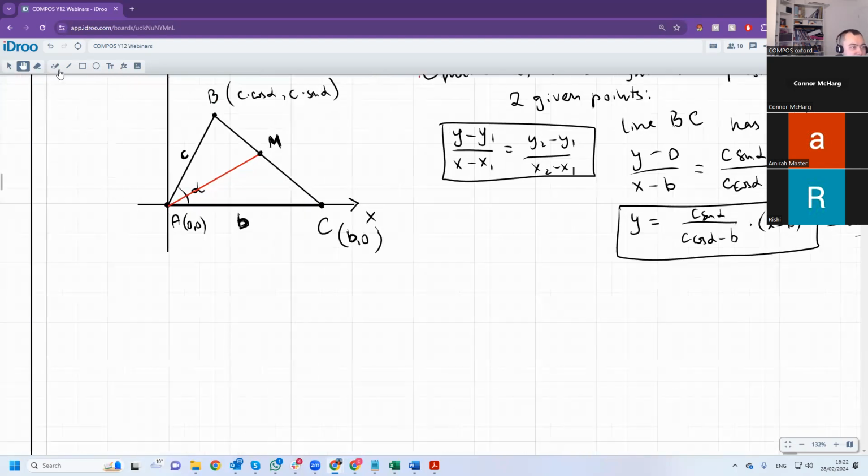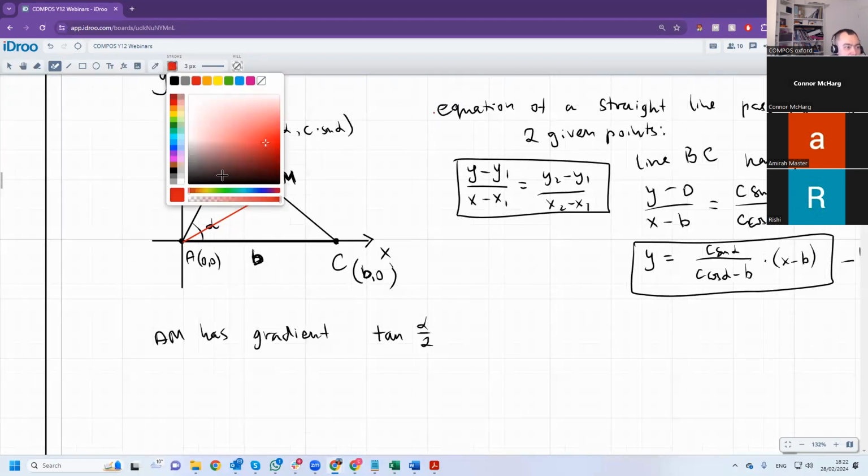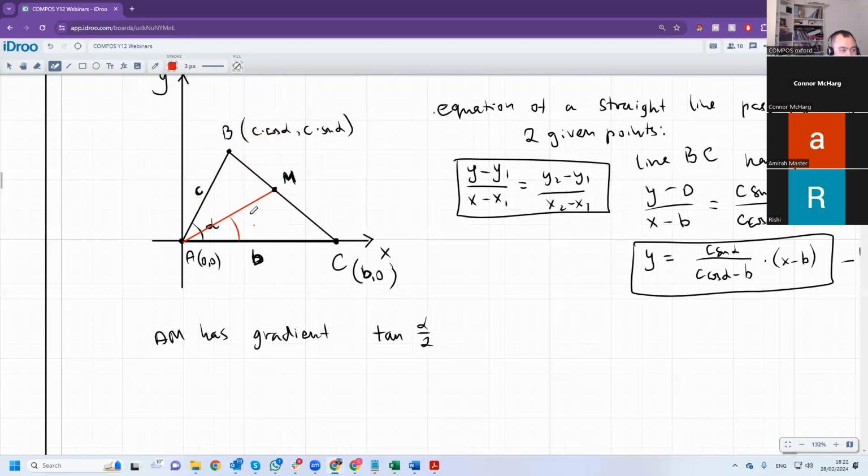Now we want the equation of line AM. Well, AM has gradient tan alpha over 2, right? Because the angle for AM is alpha over 2 by definition of the bisector. It's half the angle.